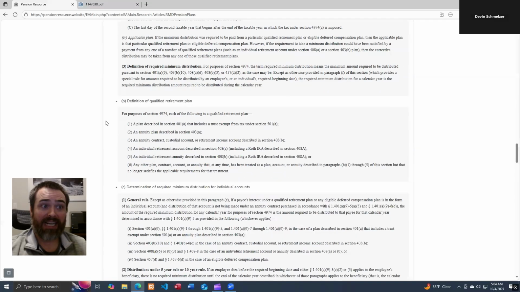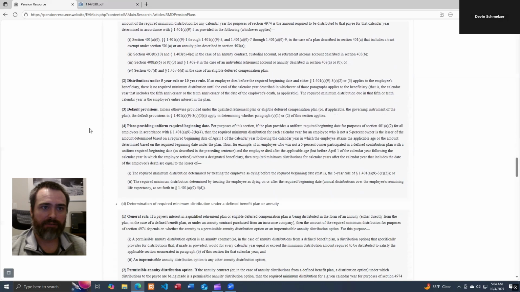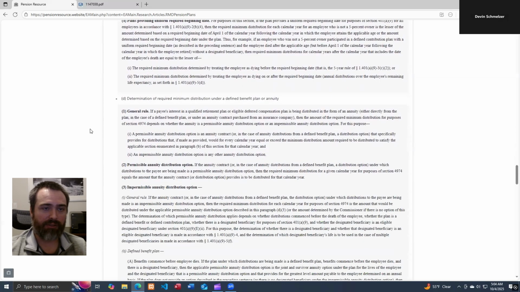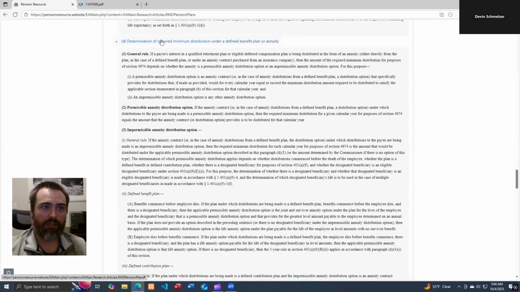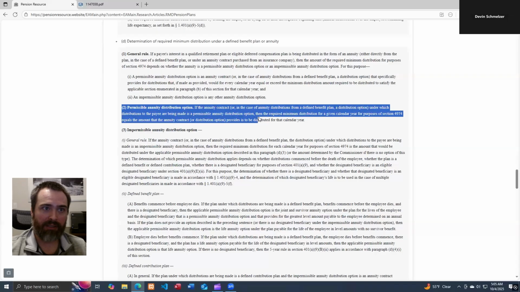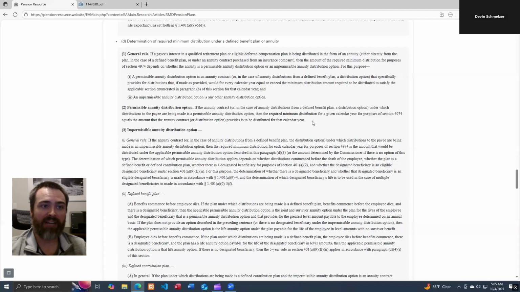So for a defined benefit plan, because 4974 is for all plans, DC and DB, a key point here is for a defined benefit plan, if they elected an annuity option for required distribution, but the plan failed to implement that election, then taxes are based upon their elected form of payment for the excise tax of what should have been.